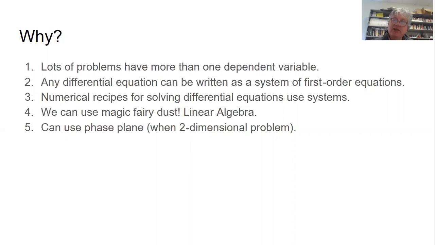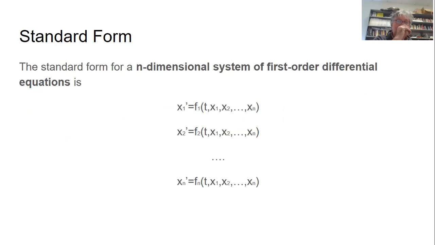And then later when we get to chapter 5, we can see that we can use the phase plane to give us a lot of information about what the system does. Okay, so a standard thing we've done is to have a standard form for our equations.